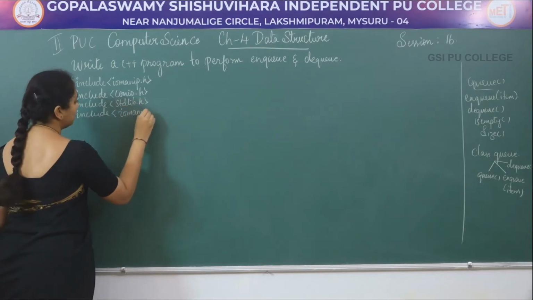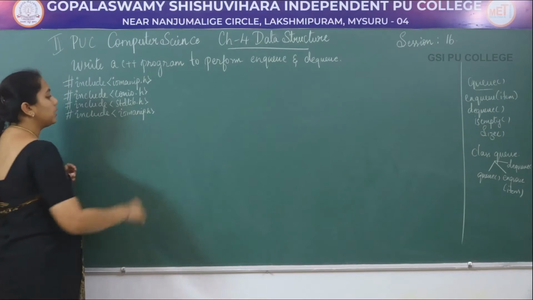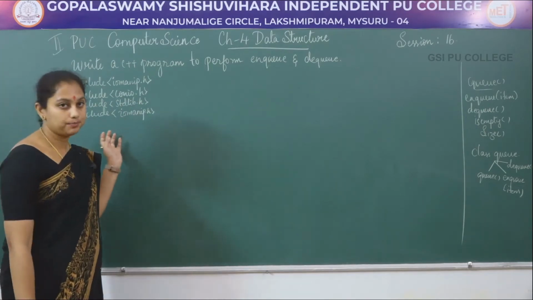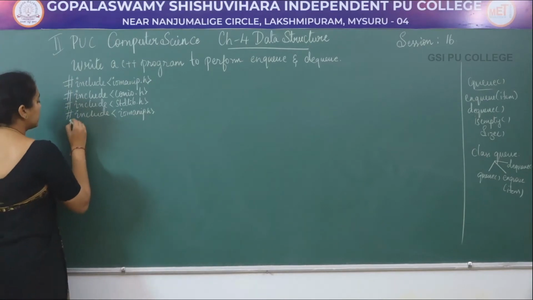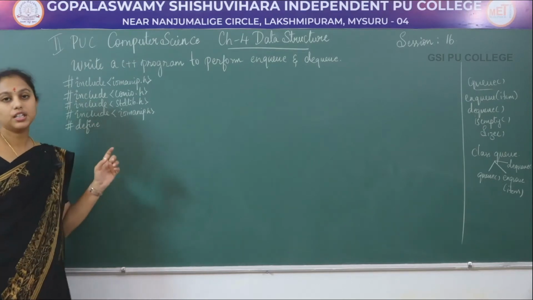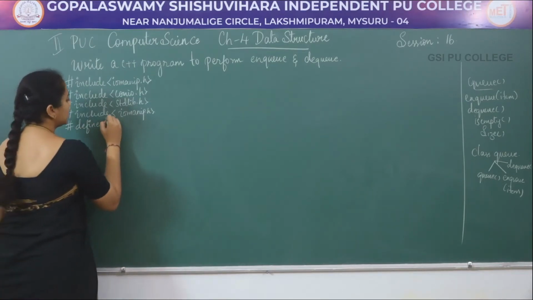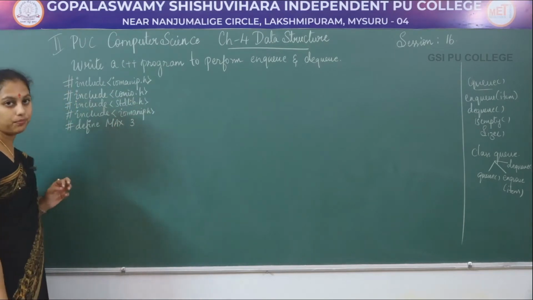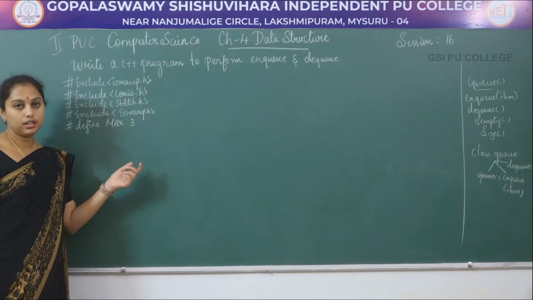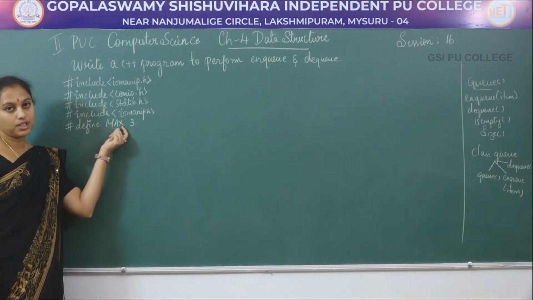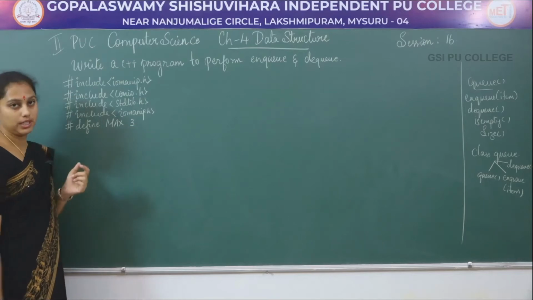This iomanip.h is used to manipulate the output on the display screen. And define. Here I am defining a macro, that is MAX of size 3. Whenever the compiler comes across this MAX variable, it replaces it with the value 3.